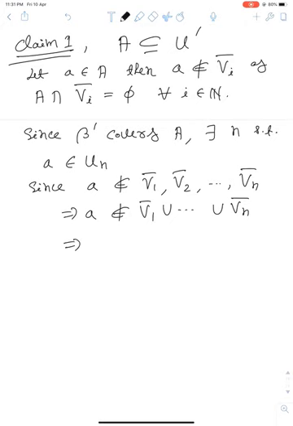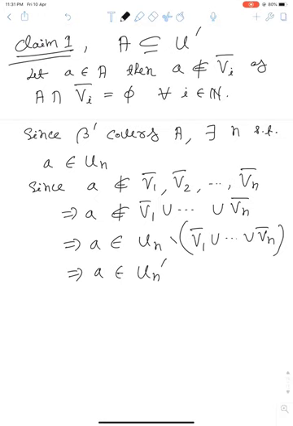That will imply a belongs to un minus that one, right? That will imply a belongs to un dash, right? So that is a subset of u dash.